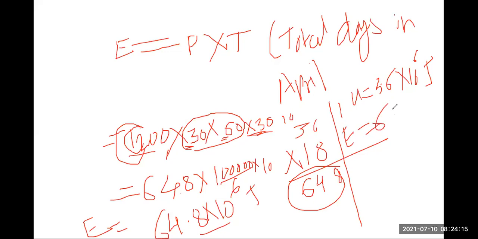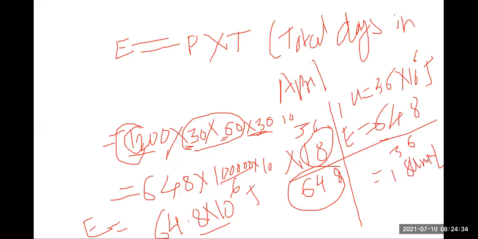Now, 64.8 divided by 36. How much will we get? We just saw it here: 18 units.